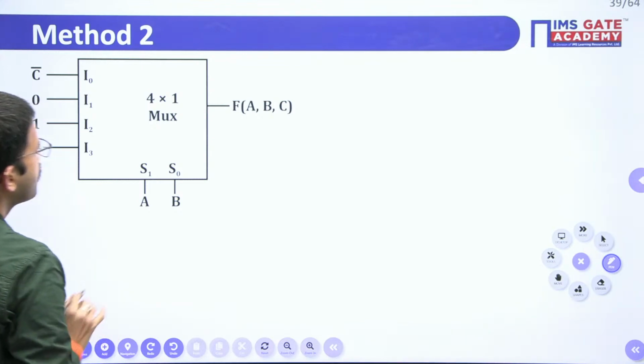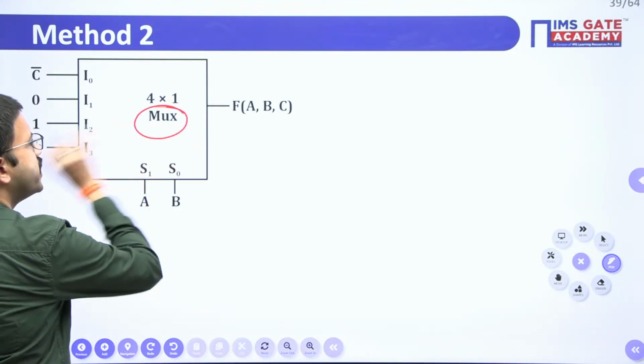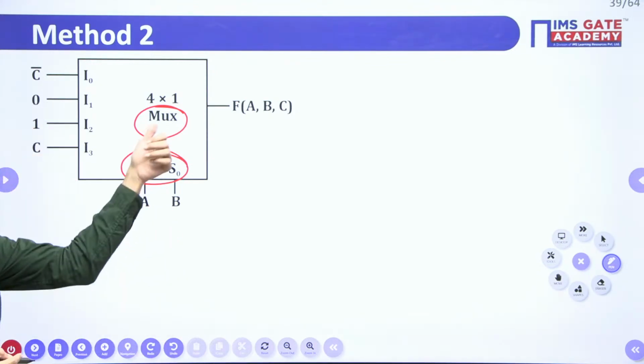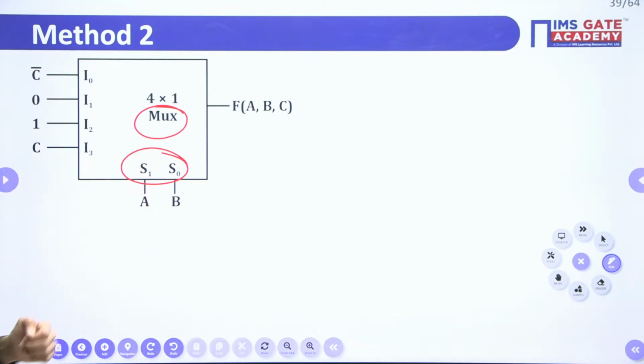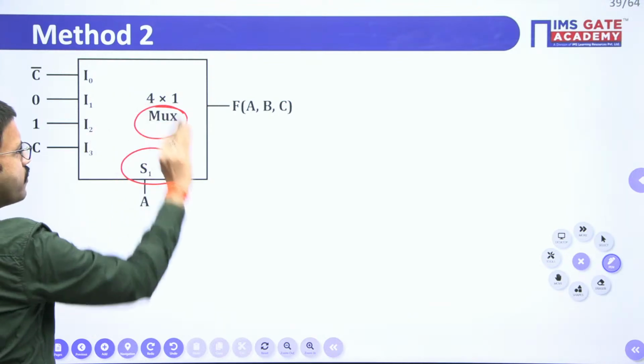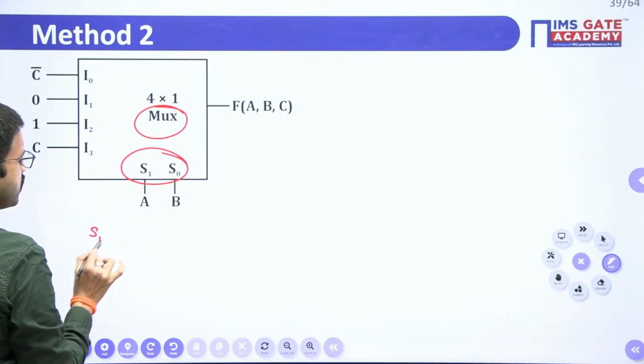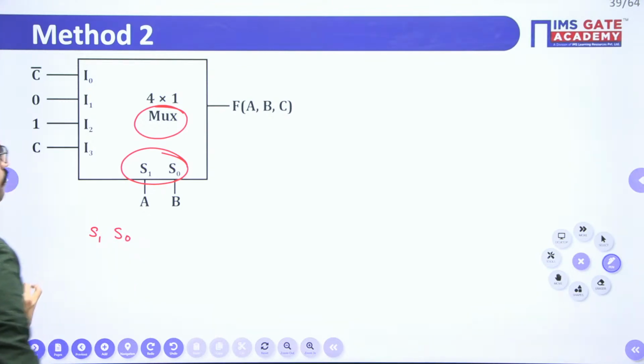See here, I hope all of you know that the mux functionality is decided by what? Selection lines. Mux functionality is decided by selection lines, right? So if you are having a 4/1 mux, the selection lines are S1, S0. Just write the truth table of the 4/1 mux first.